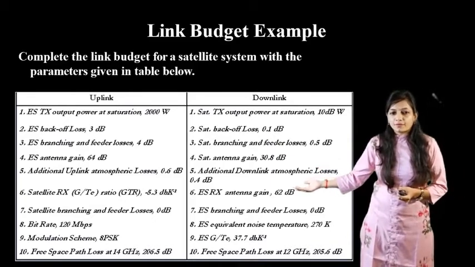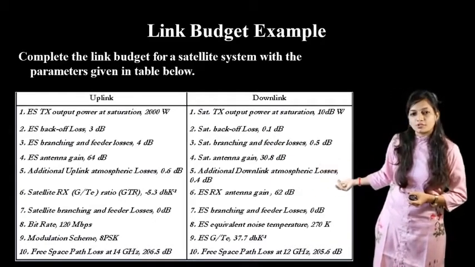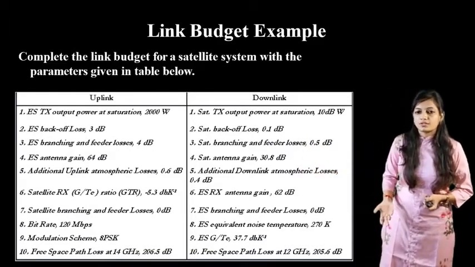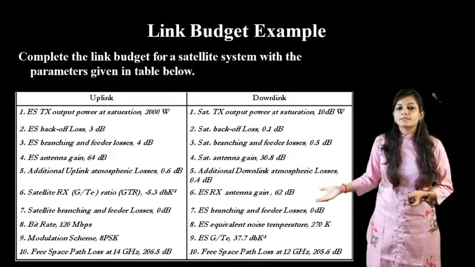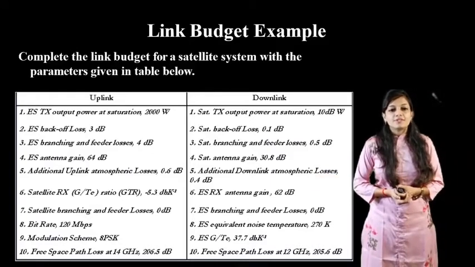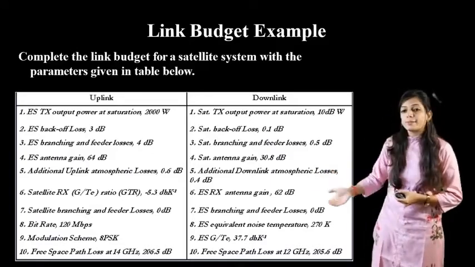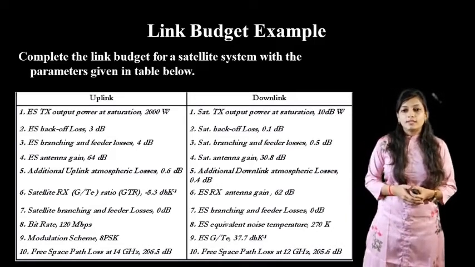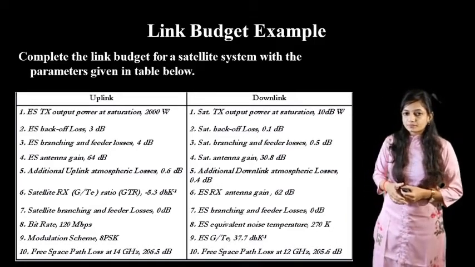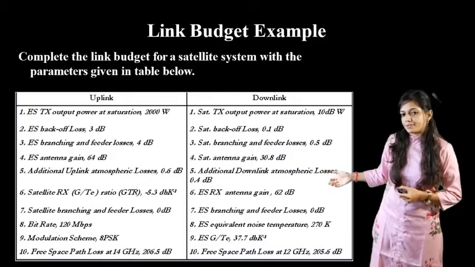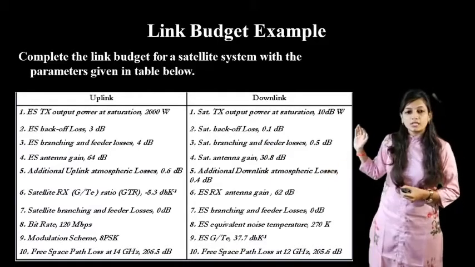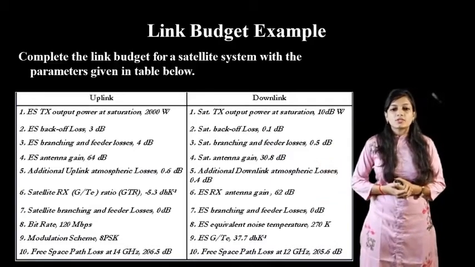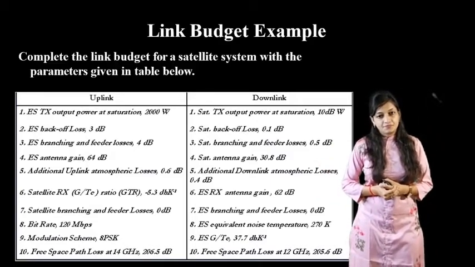As we can compare for the atmospheric absorption, which is 0.6 dB for uplink and 0.4 dB for downlink, almost nearer, right? Then the satellite receiver G/T ratio, gain to temperature ratio, that we have discussed already in chapter number 8, is minus 5.3 dB per Kelvin, and for the downlink it is 62 dB, right?